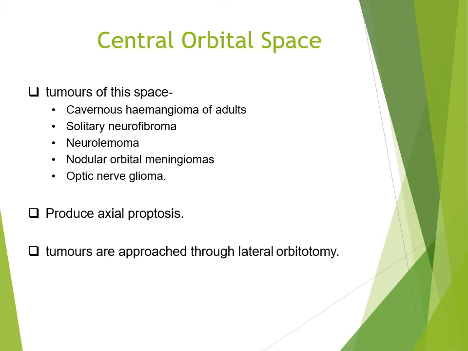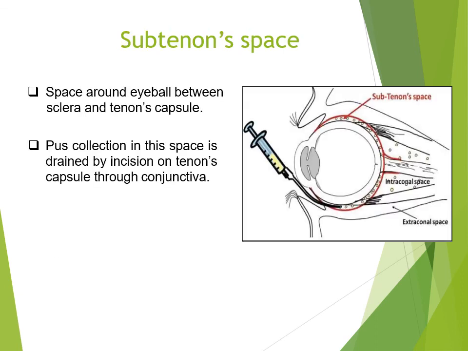So there is a very obvious axial proptosis whenever tumors are in the central orbital space. The common tumors are cavernous hemangioma, solitary neurofibroma, nodular orbital meningioma, and optic nerve tumors. The most common is the optic nerve glioma.